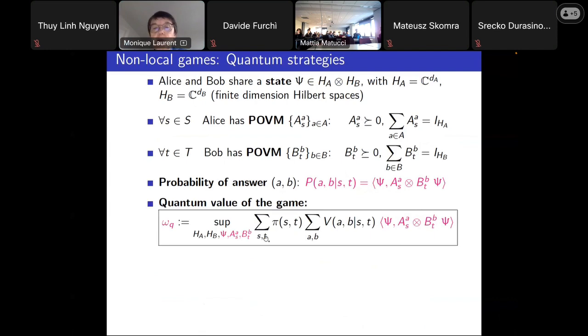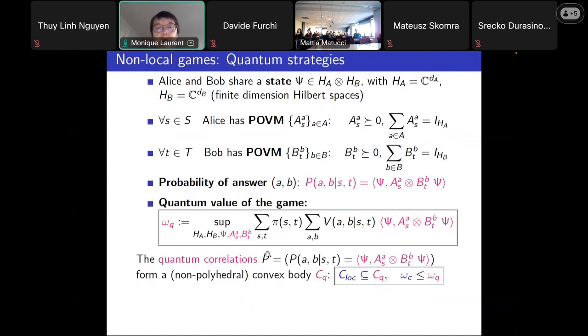So we optimize this objective function over all possible Hilbert spaces, HA for Alice, HB for Bob, psi, and the A's and the B matrices for Alice and Bob. This is the quantum value of the game. And if we look at the set of quantum correlations, these are all the P's which are of that form, for some psi, for some A's, for some B's.